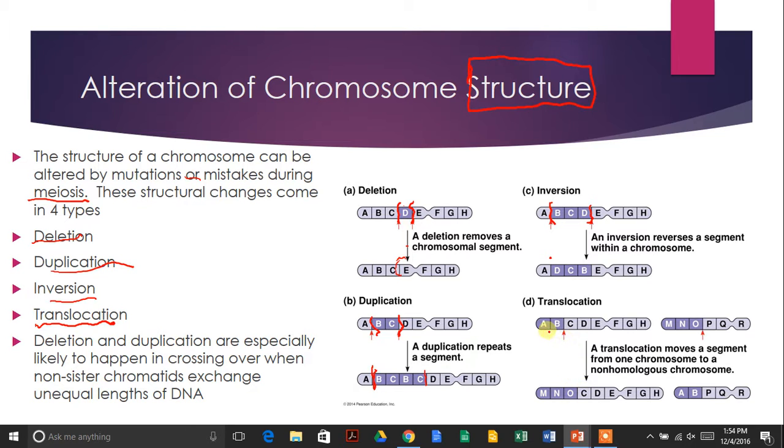So here we have gene AB, and it can switch in crossover with segment MN and O from this chromosome. And so we have a recombination, a translocation of genetic information. Deletion and duplication are especially likely to happen in crossing over when non-sister chromatids exchange unequal lengths of DNA.